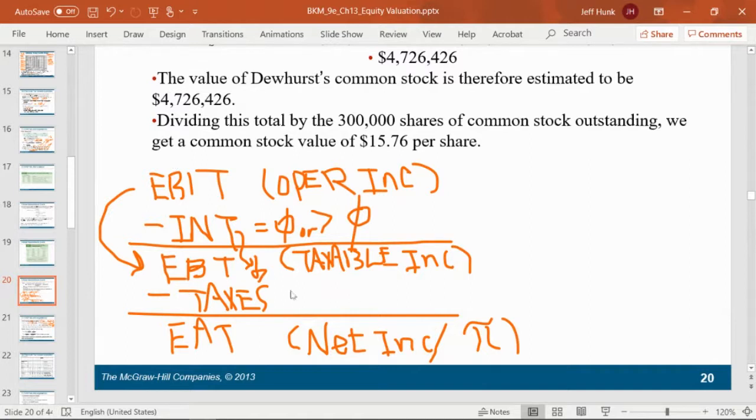Because the smaller the EBT, because tax is simply EBT times the tax rate.